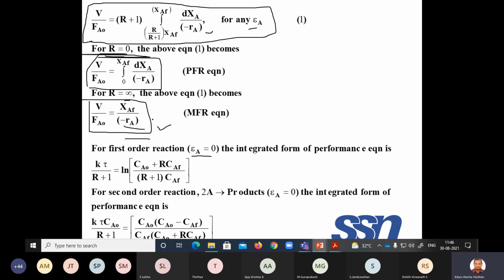This is going to be a 12 marks question which they can be asking: derive the performance equation of the recycle reactor. The recycle reactor performance equation is V by FA naught is R plus 1 integral R by R plus 1 XAF to XAF dXA by minus RA.